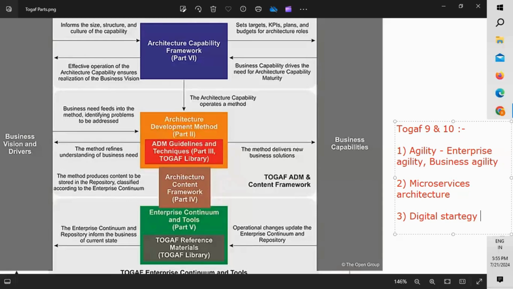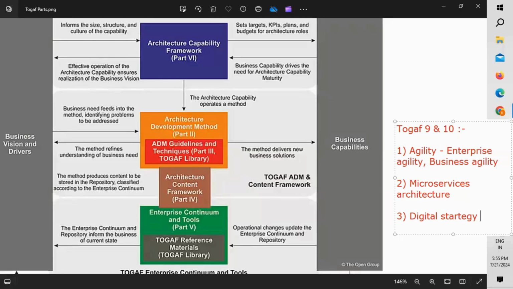When you understand the right core concepts of Agile, followed by the methods of Agile and the principles I've told you, and the different parts of TOGAF, such as the architecture development framework, architecture governance, guidelines and techniques, or the capability framework, then as long as you are strong in these areas, it is not so difficult.